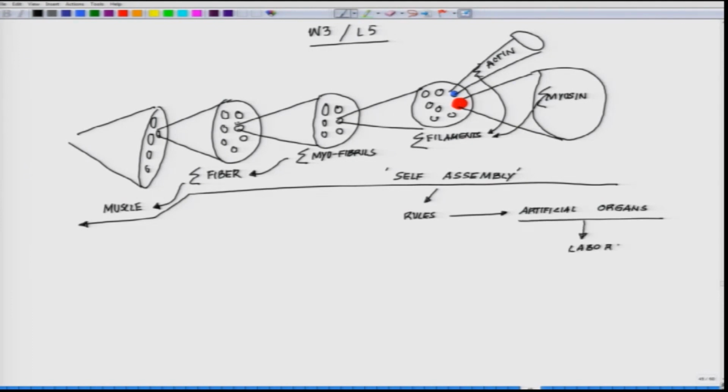But in order to do so, or you can call it in vitro, outside the system self assembly.